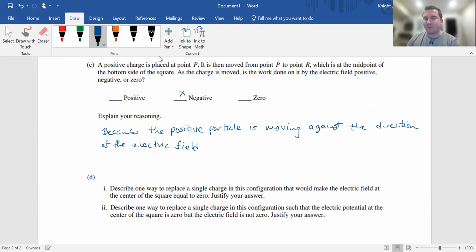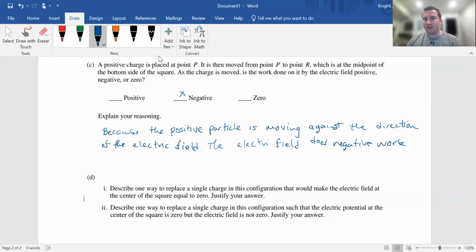All right, so because the positive particle is moving against the direction of the electric field, it does negative work. So there's our answer for C.